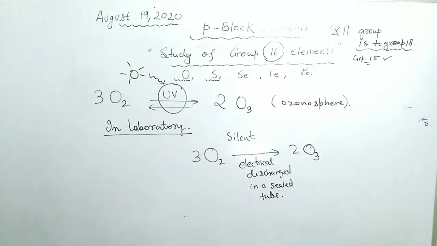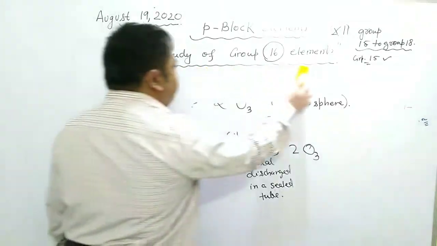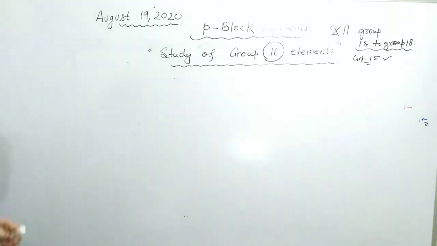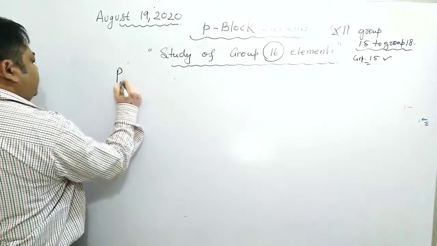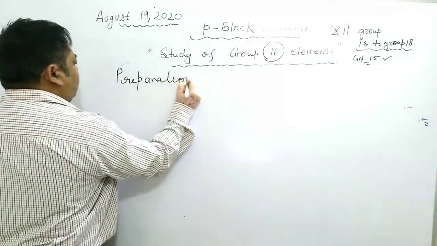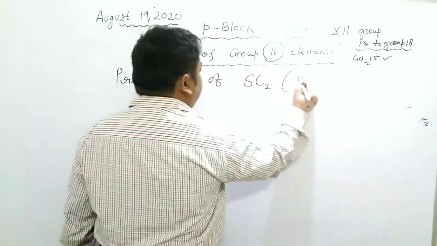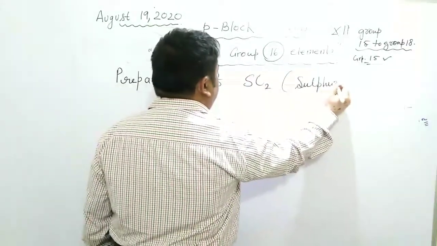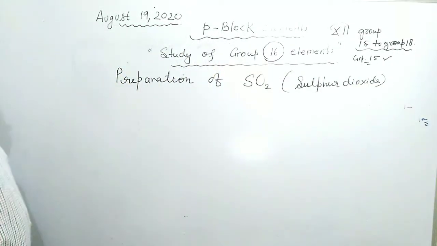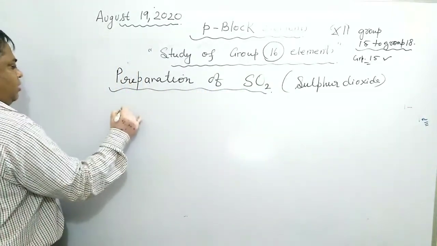Sulfur is abundantly available in the earth's crust. So it is prepared from the naturally occurring forms of sulfur.